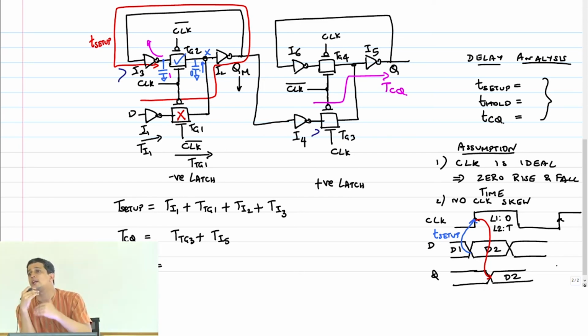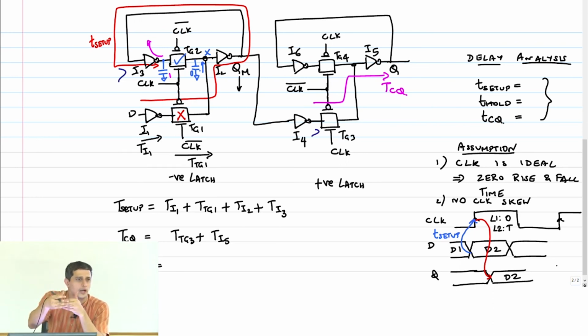But I want D2 to be captured and retained at the output through the entire time period. In order for that to happen, I should ensure that even if D2 changes after the clock edge, it is still captured appropriately. So for example, if I bring this edge very close here, then I cannot guarantee that D2 will be captured.